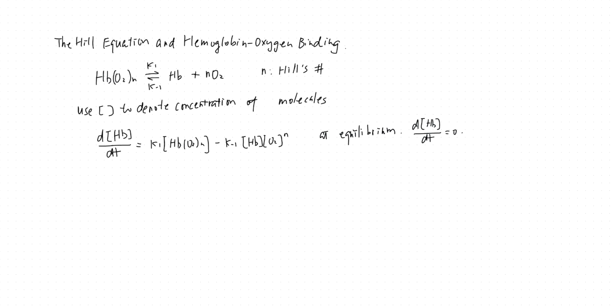So you can say the bound hemoglobin concentration equals kappa multiplied by the concentration of unbound hemoglobin and O2 to the power of n. The kappa is just the ratio of k minus 1 divided by k1.